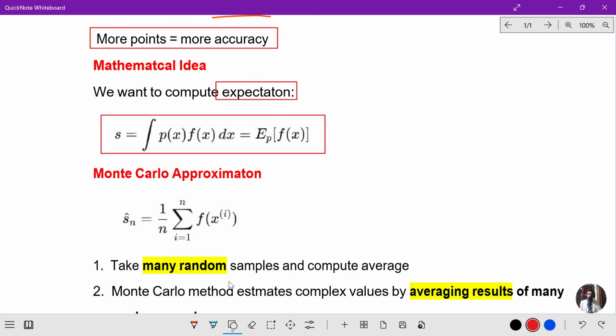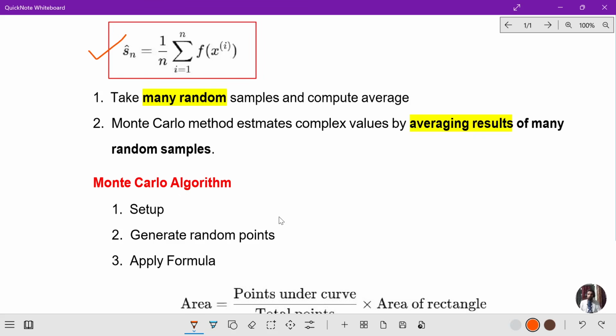But when we come to the Monte Carlo approximation, this is the formula related to Monte Carlo approximation. When we do integration, this is one way, but when we apply Monte Carlo, this is the formula. Now you observe the formula: S_n dash is equal to 1 by n, sigma of i equal to 1 to n, f of x power i.